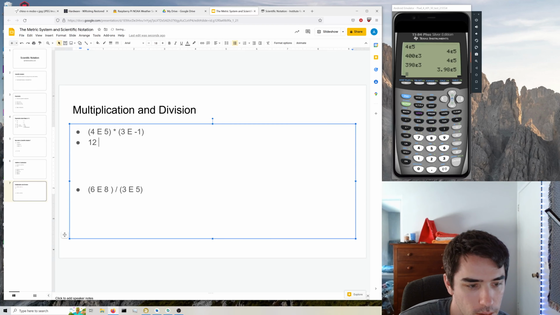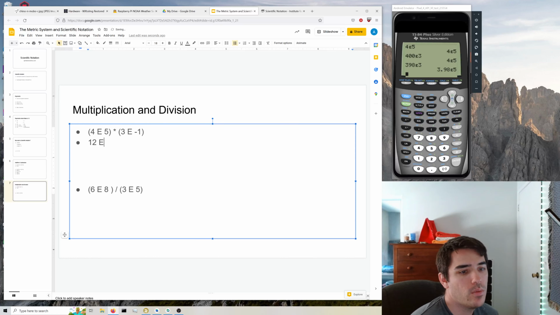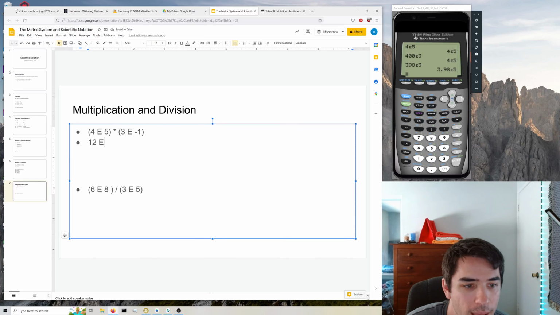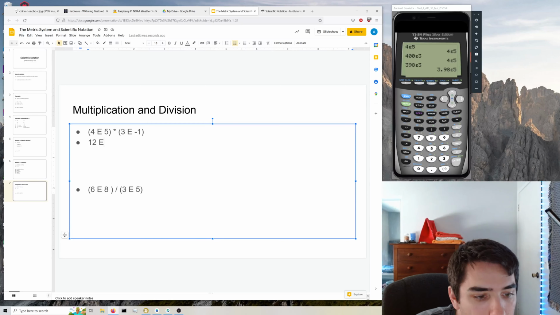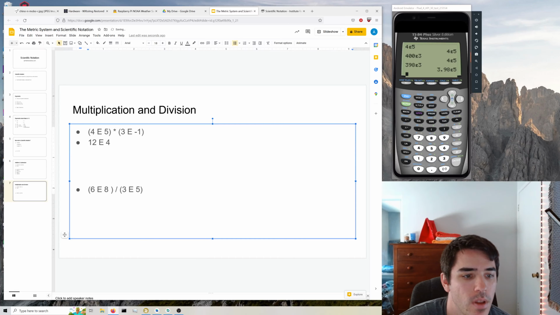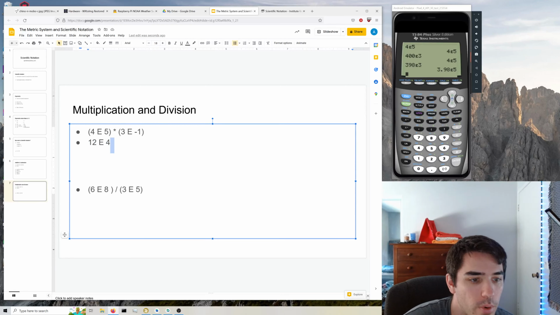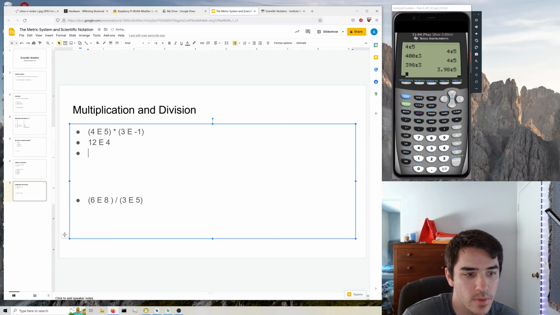And then you add the 5 and the negative 1. So e4. But this is greater than 10, and we want it to be like 1.2, so then it's 1.2 e5.